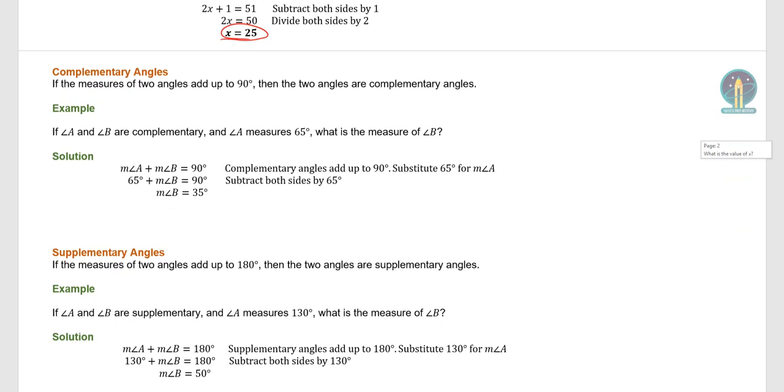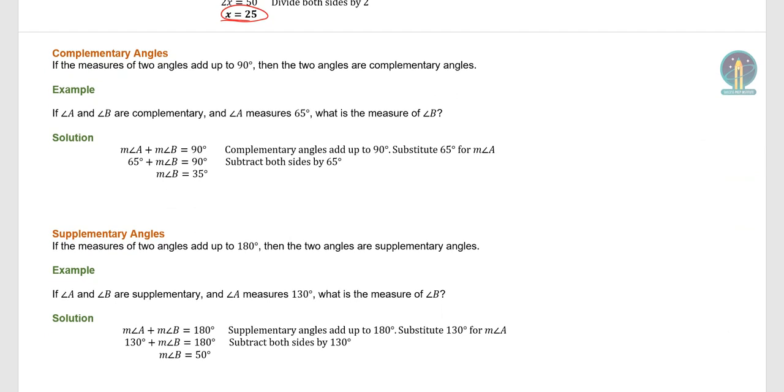Yet another type of angles are complementary angles. If the measures of two angles add up to 90 degrees, then the two angles are complementary angles. So 90 degrees, a right angle.